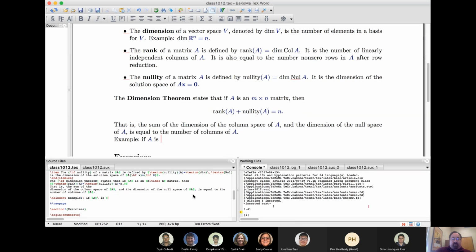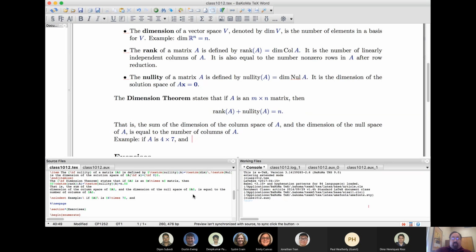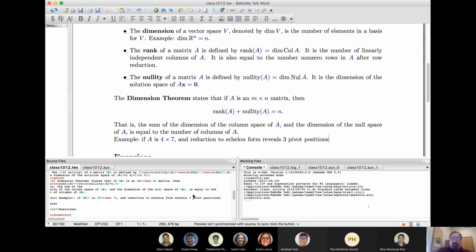Say 4 rows by 7 columns, and let's suppose you reduce it to echelon form through row operations. And let's suppose you get only 3 pivot positions. So there's not a pivot position in every row, only 3 of the rows.